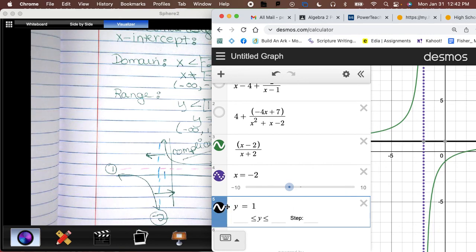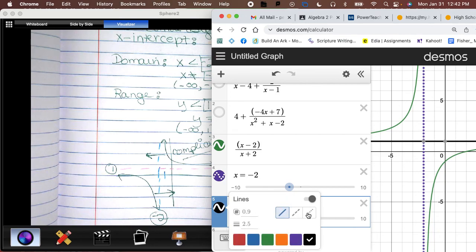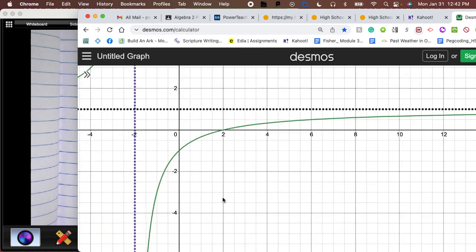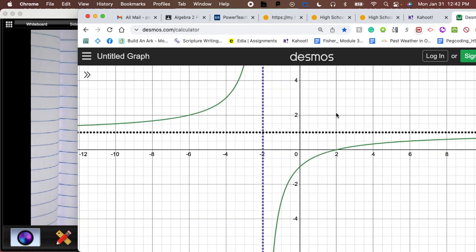And make that a dotted line. There we go. And voila, there's our story. So that's what you're going to have to do to find the right graphs for 7 through 12.